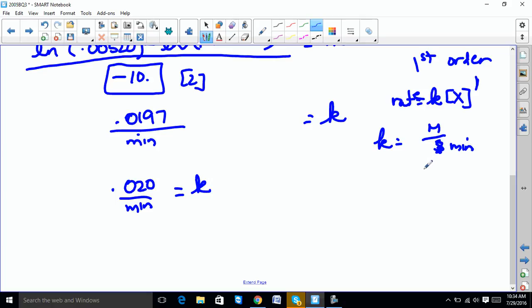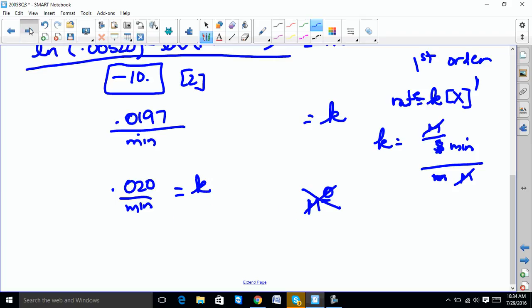Molarity per minute, divided by, so k is equal rate divided by the concentration of x. Well, the concentration of x is molarity, and that would cancel, and so you'd get per minute. But the other thing is we said that it's always 1 less than the order. So the exponent on the molarity is 1 less than the order. Well, what's 1 less than 1? 0. And that's why k ends up being that.